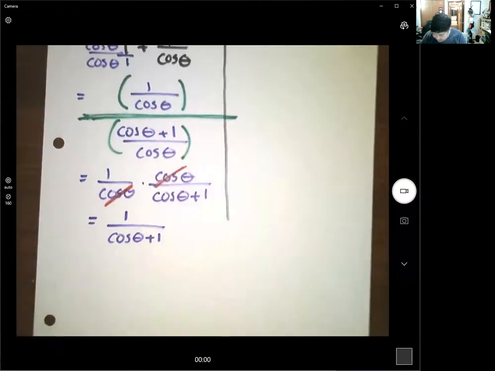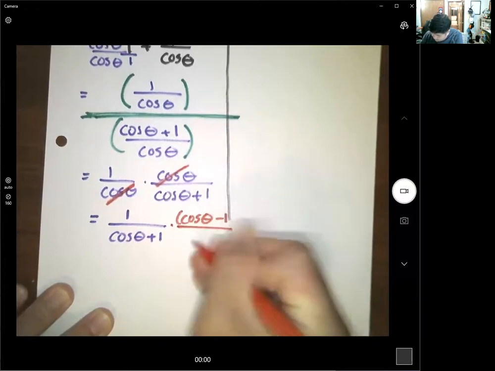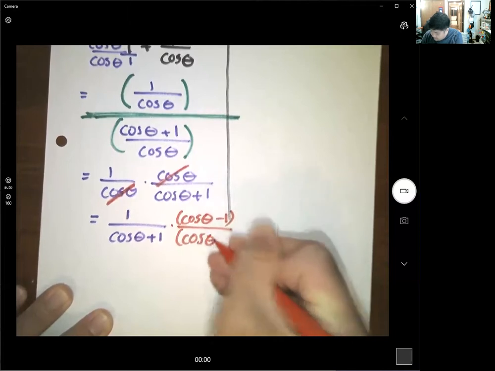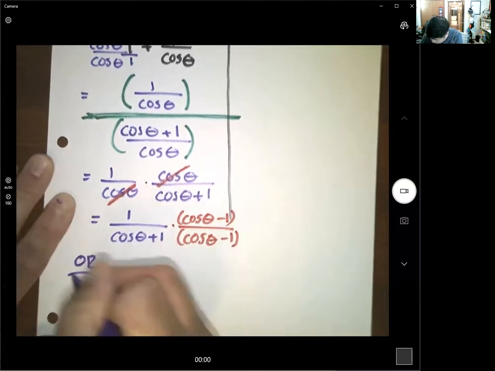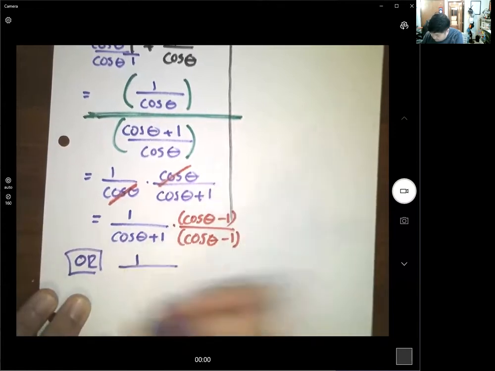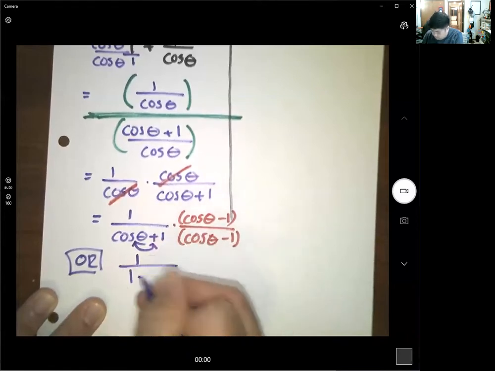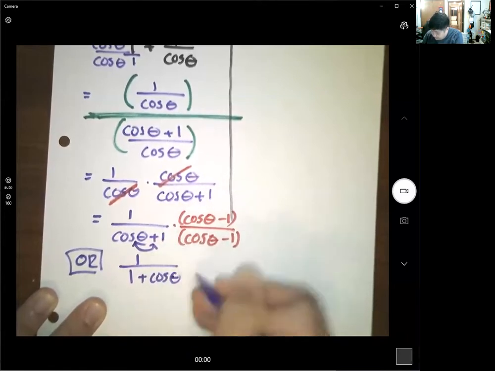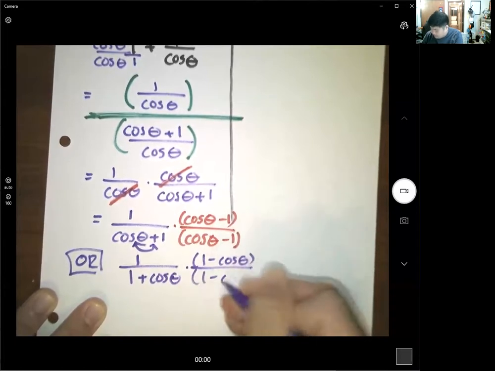Let's multiply by the conjugate here. Cosine of theta minus 1. Now, again, it doesn't really matter if you do it that way. Better yet, before I multiplied by the conjugate, instead of writing cosine of theta plus 1, I could write 1 plus cosine of theta, and then multiply by 1 minus cosine of theta.